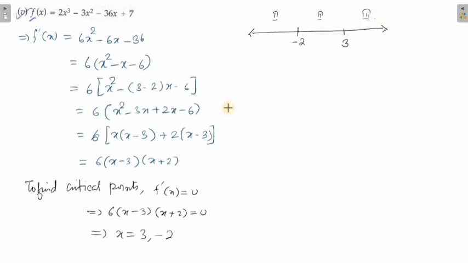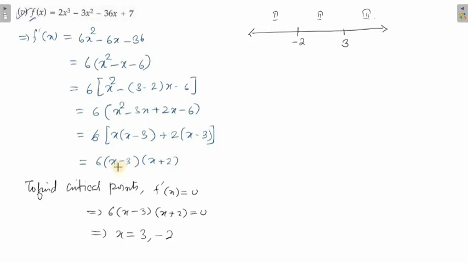Now see here very carefully. Choose any point from region 1. We can take -3 because -3 lies out here. Now put the value of x as -3 in this.